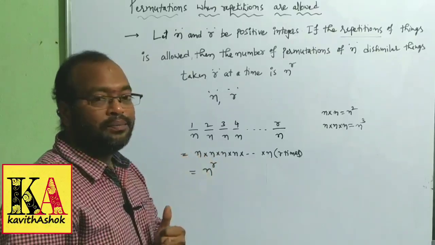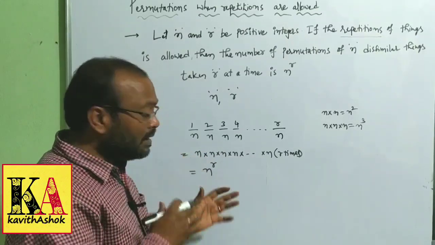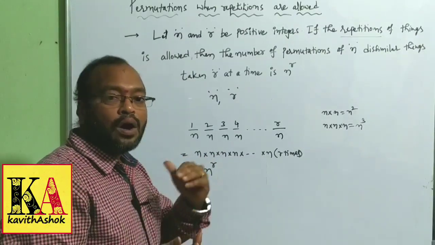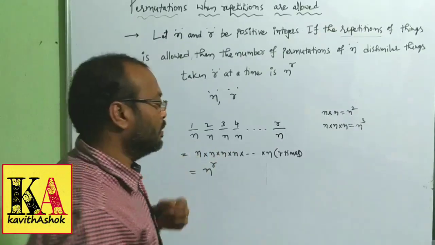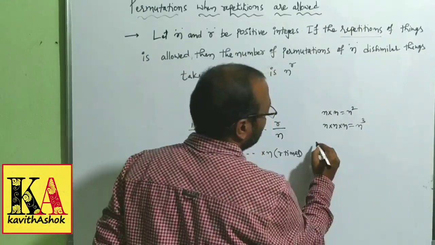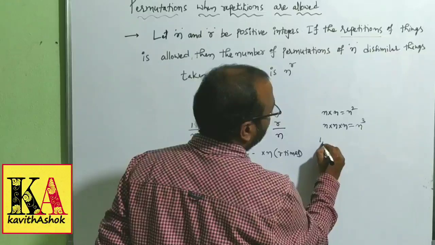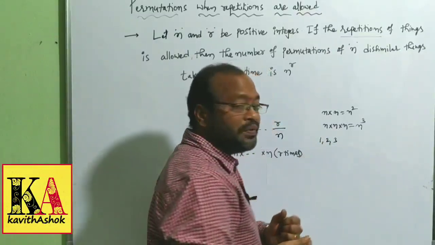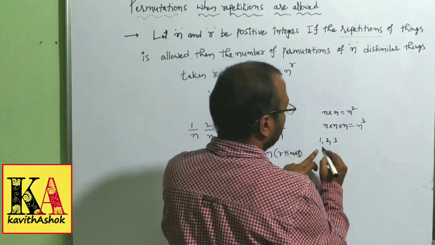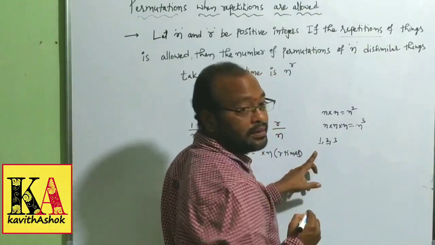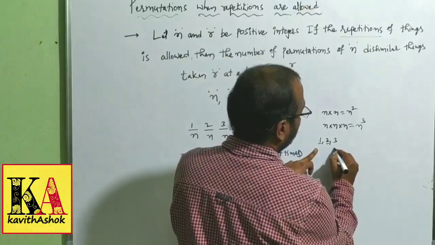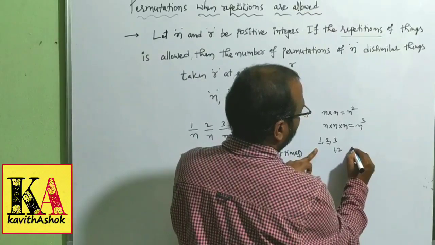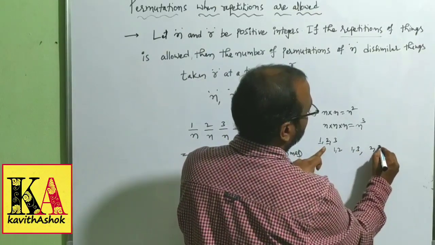We will take one example so it is easy for us to see how it becomes n power r. Look here now. Suppose we have 3 numbers: 1, 2, 3. We want to write 2-digit numbers. First, if you take 1, 2, we take 1, 2 once, 1, 3 once, and 2, 3 once.